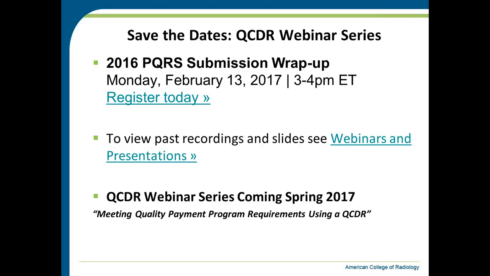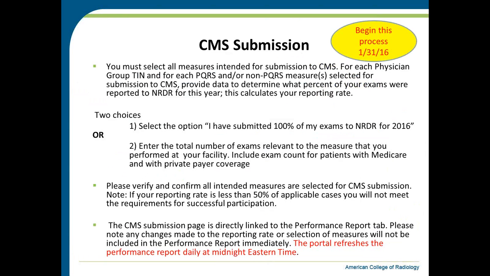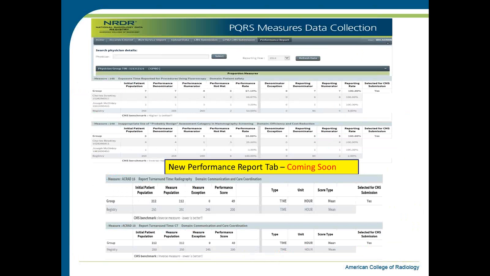So for any physician in the group for whom you have submitted data for a certain measure, it will be calculated for each physician, but it's also calculated as a whole. So the facility admin will see the individual physician scores, and each physician can see their own score, and also the group score.